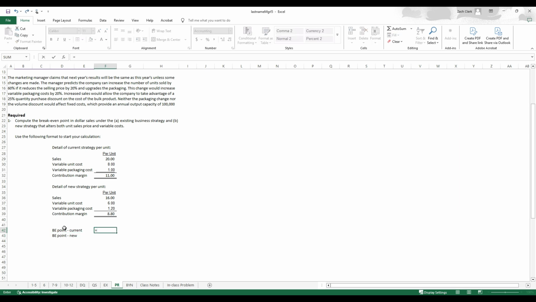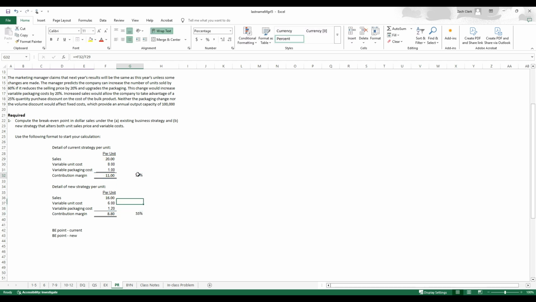So remember that, let's do something real quick. So let's do our contribution margin ratio. So we take our contribution margin divided by sales. So under the current strategy, it's 55%, and lo and behold, under the new strategy, it's the same thing.